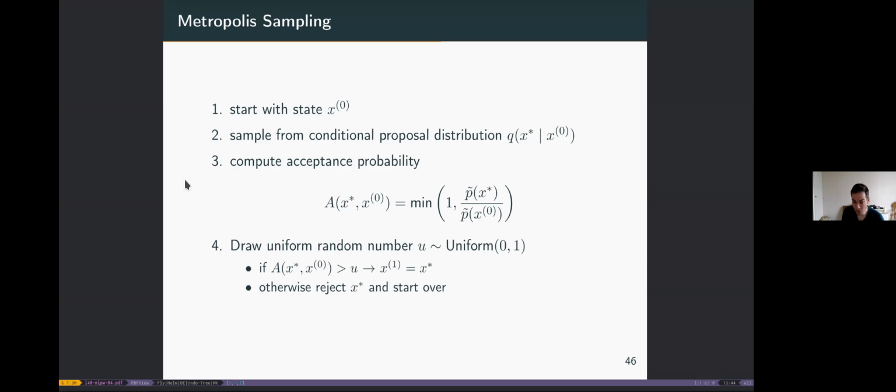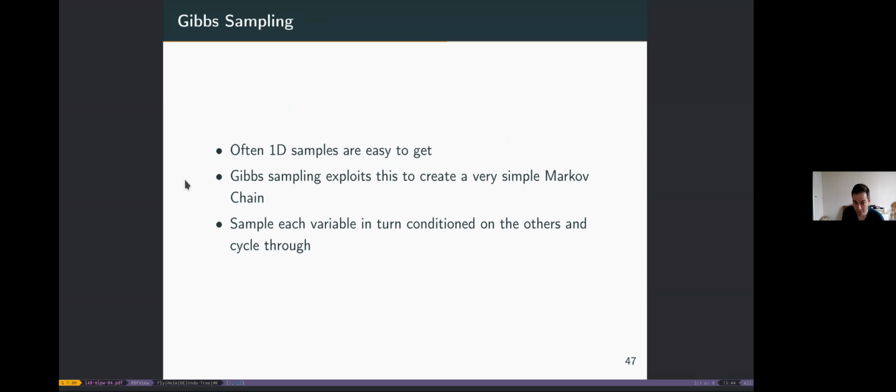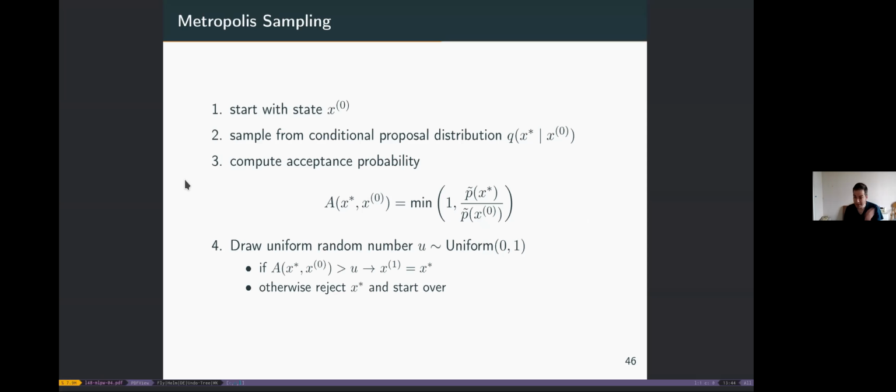If it's not accepted, then you reject and start over. This is very often very useful, and it's nice because it has very nice guarantees in the limit, and this acceptance probability allows you to explore the space.